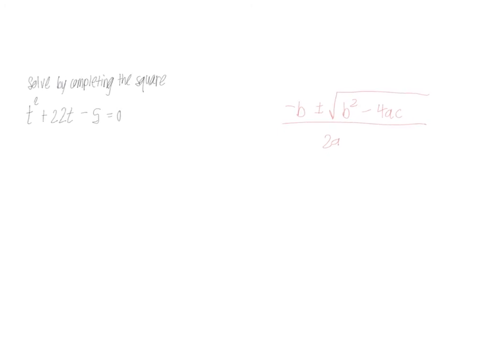So this is in the form of ax squared plus bx plus c. So b is 22. Opposite of 22 would be negative 22, plus or minus the square root of b squared. So 22 squared is 484, minus 4 times a is 1, c is negative 5, all over 2 times a.